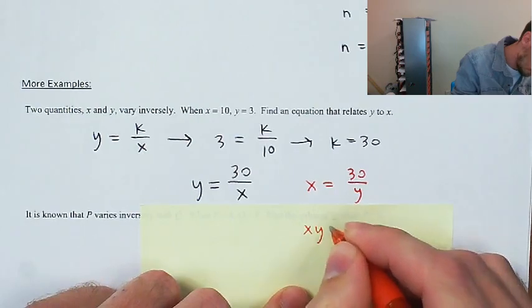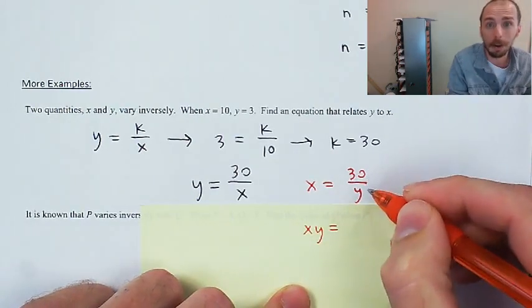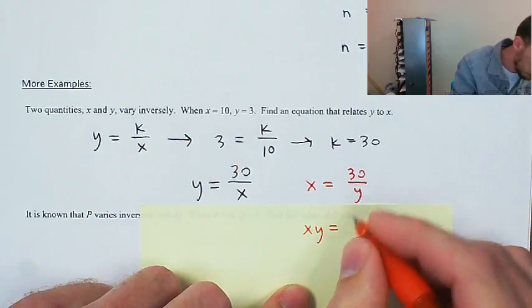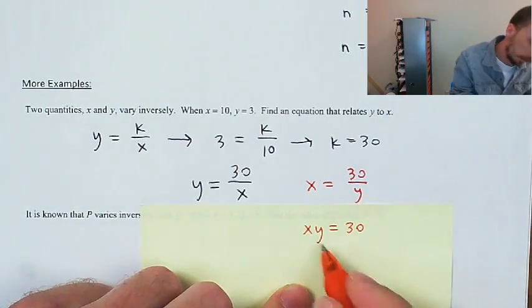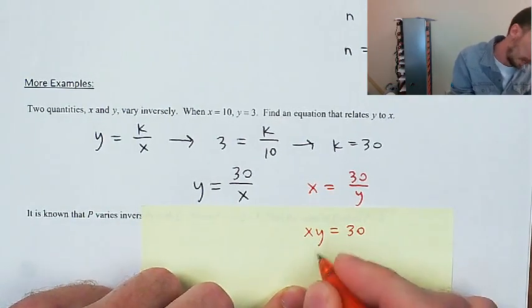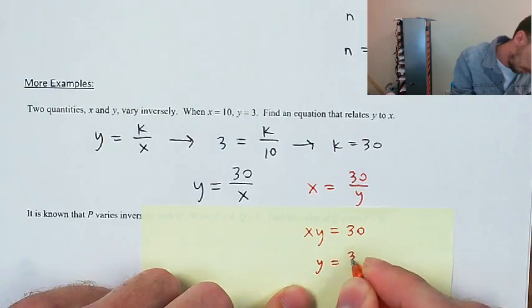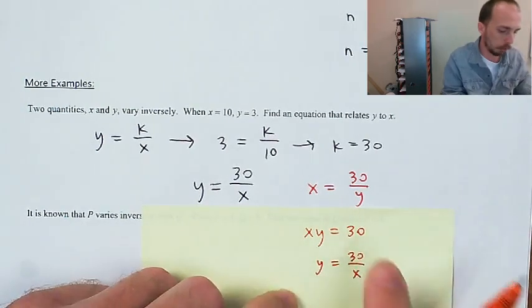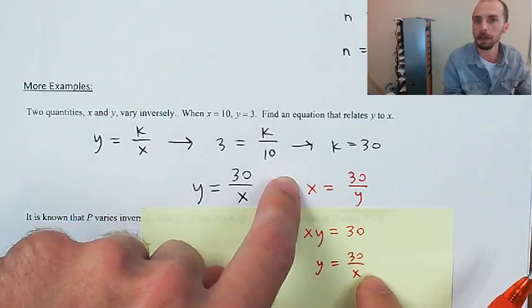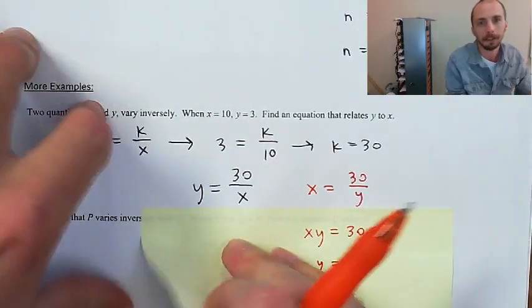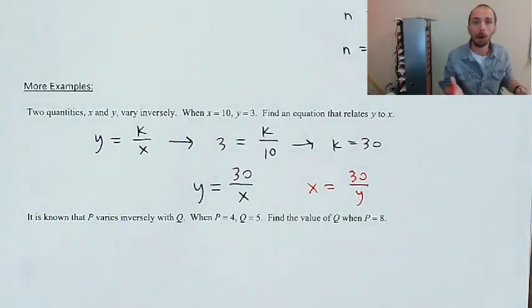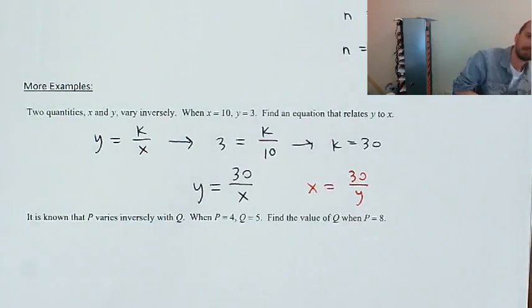And I'll have x times y equals 30y divided by y. Well, that's just going to be 30, provided y isn't 0. And then I could solve for y by dividing both sides by x and say y is 30 divided by x. So these are just equivalent relationships here. Basically saying if x varies inversely with y, then y varies inversely with x, which is kind of something you probably already suspected.